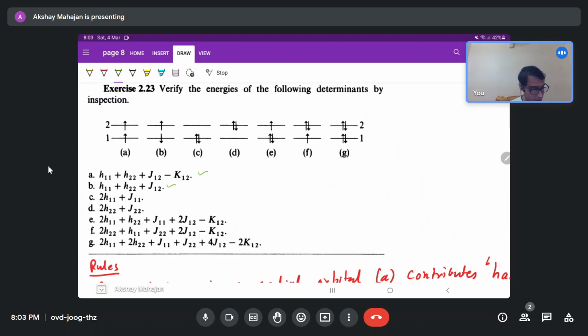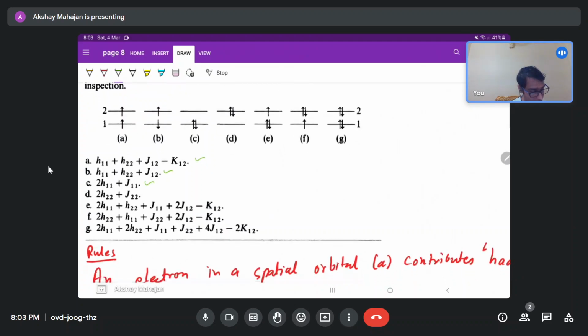So we are just getting 3 terms. Similarly, in the C part, we get one H11 from one electron and one H11 from the other electron, so we get 2 H11, plus one J11 because of both electrons. Again these electrons are of opposite spin, so we are not getting any exchange term.